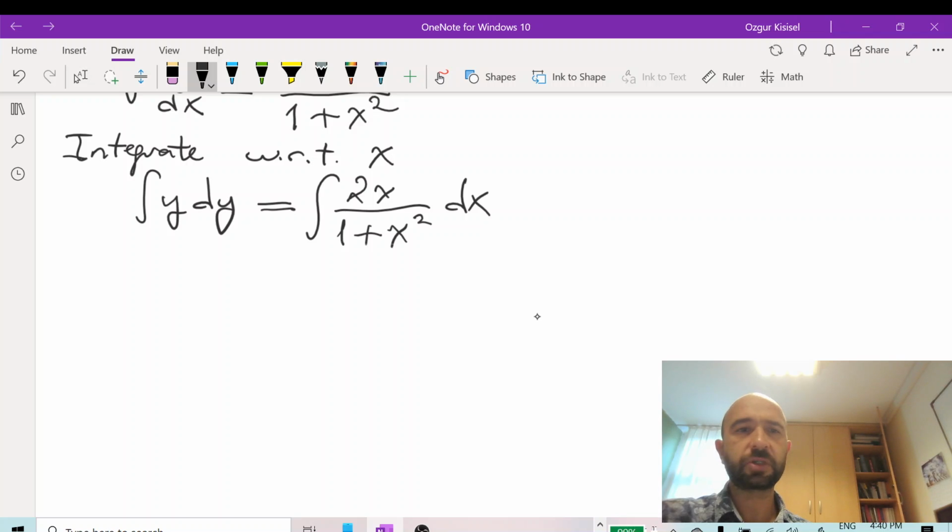Okay, now it becomes a matter of whether or not we can find these integrals. In this case, they're rather straightforward. The left-hand side will give you y squared over 2.